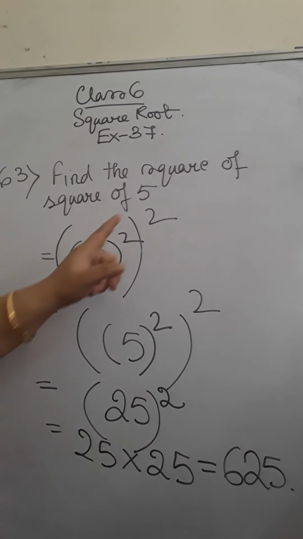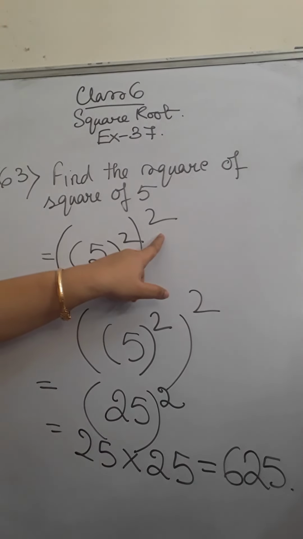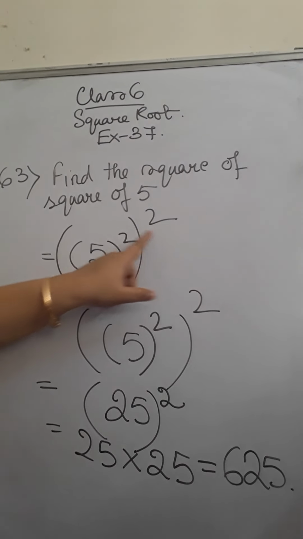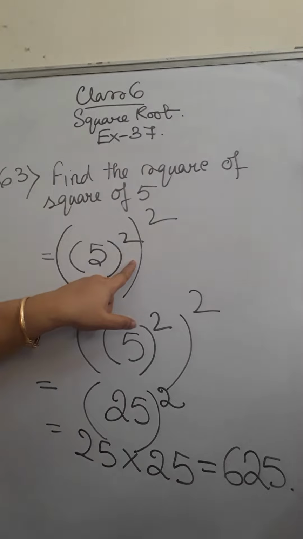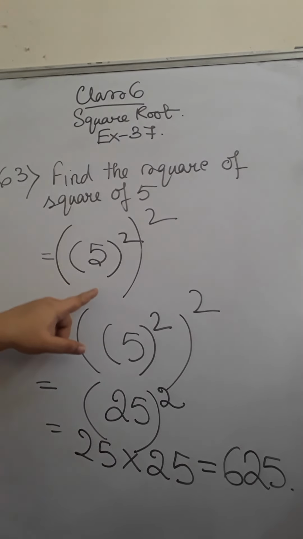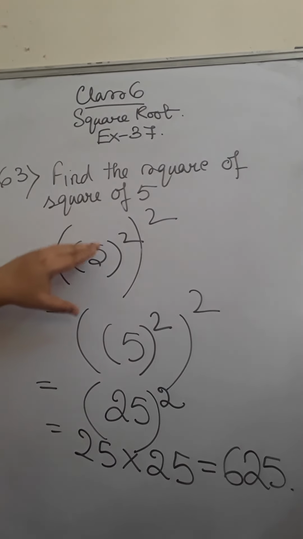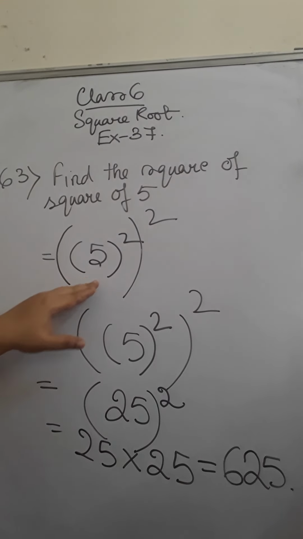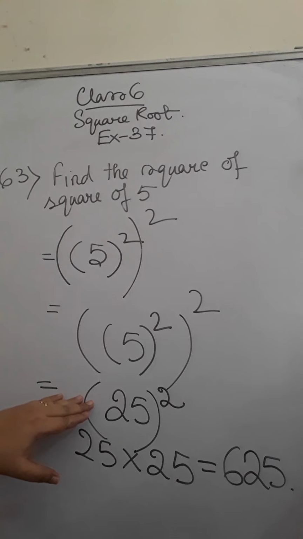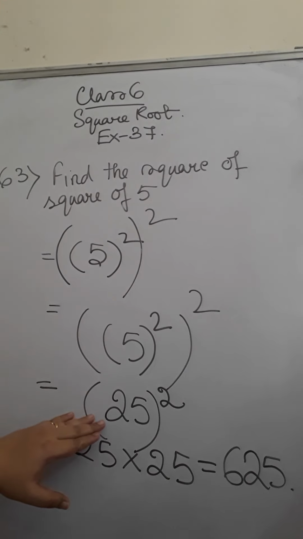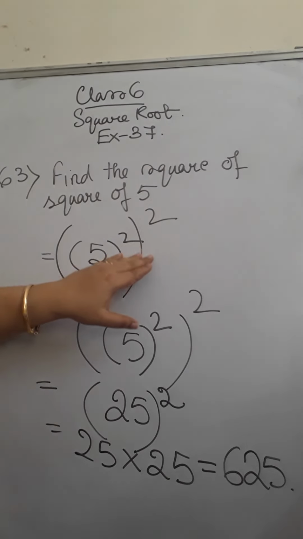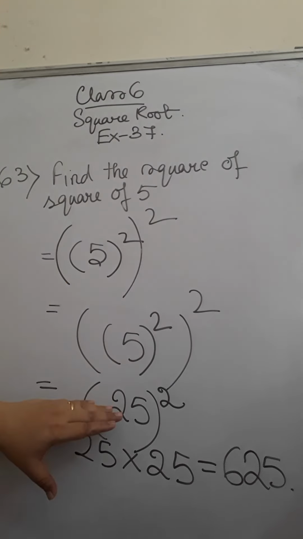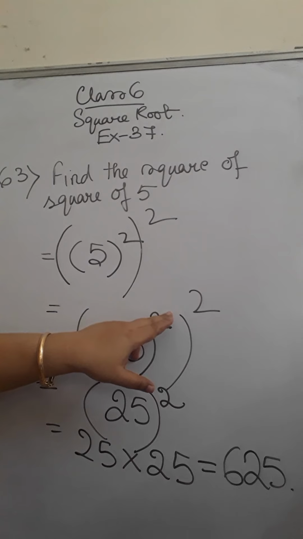So repeating once more, what we need to do over here, find the square of 5. So we have to find the square of what thing? Square means multiplying 2 times of what? Of square of 5. And how we will solve? We will solve internally. Square of 5 means 5 is multiplied 2 times. So first we are writing 25, solving the internal thing, and then, after getting the result of 5 square, we are still left out with the outside square.